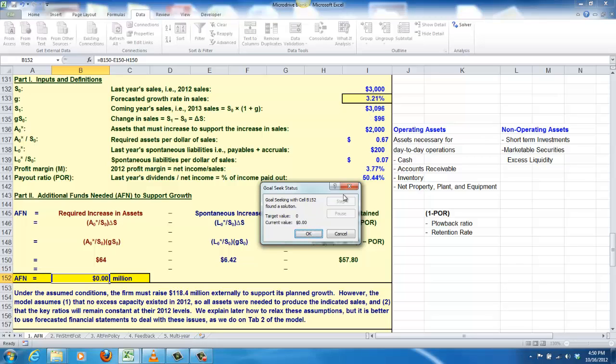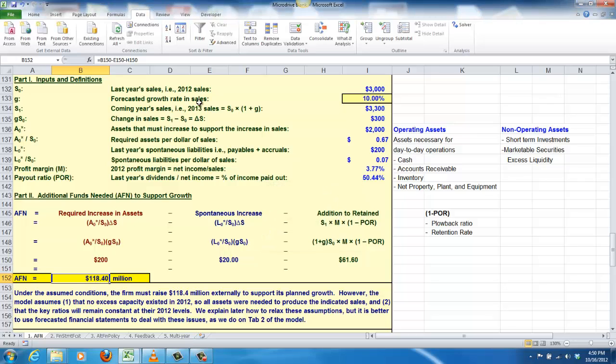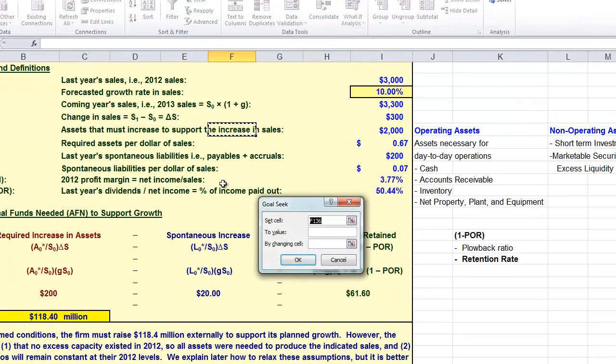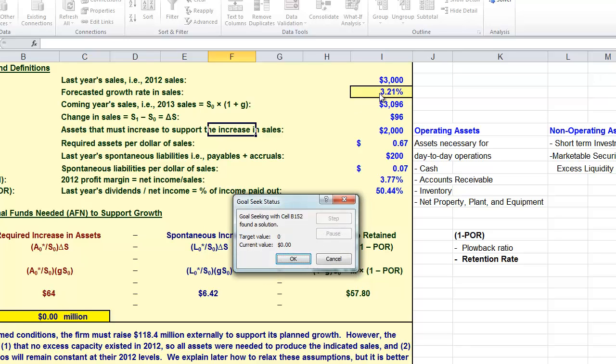Let me do that over again. It tells us that our forecasted growth rate without adding in any additional funds would be 3.21%.